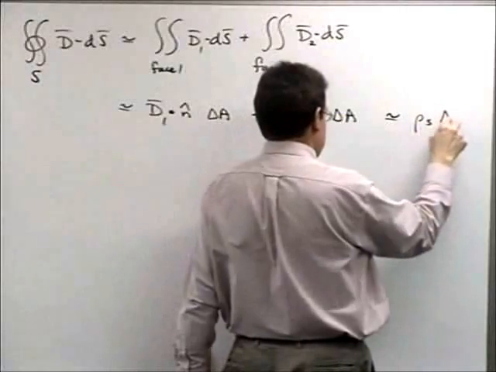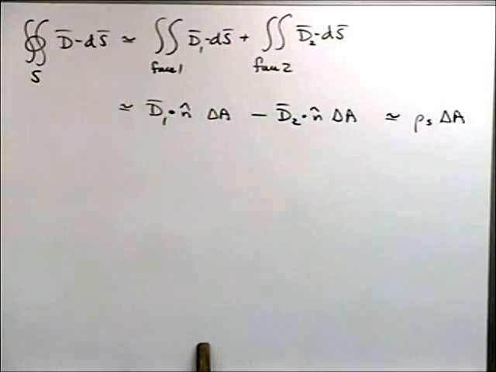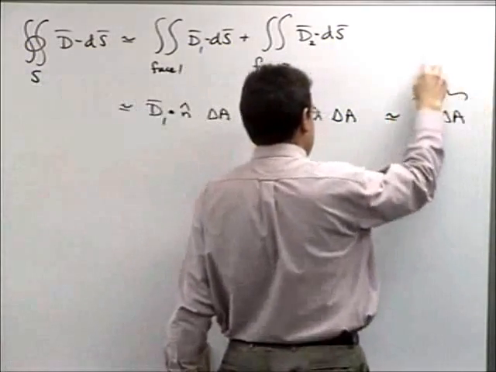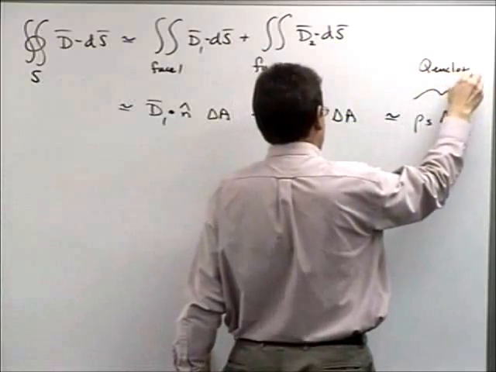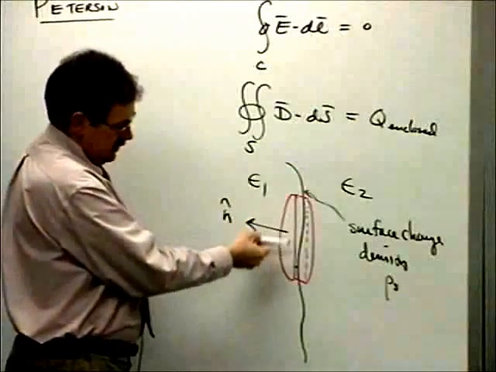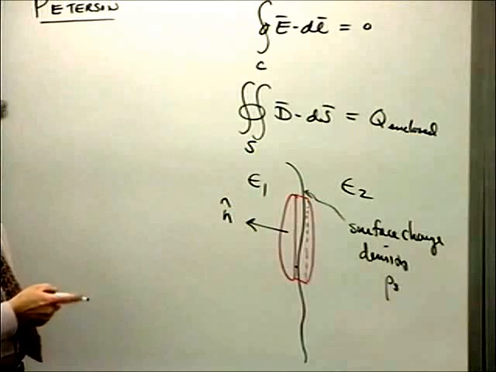So there'll be a rho sub s delta A on the other side of that equation. So this is the Q enclosed in this case. So the surface charge density rho sub s, so many coulombs per square meter, times so many square meters of area gives us total Q in coulombs.